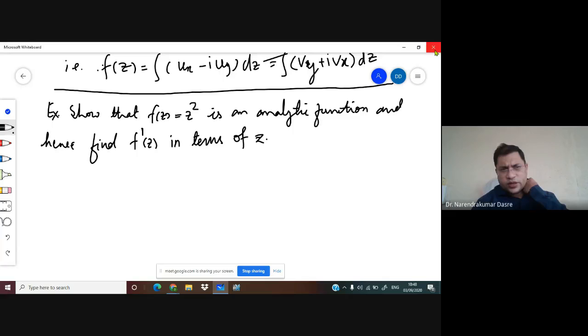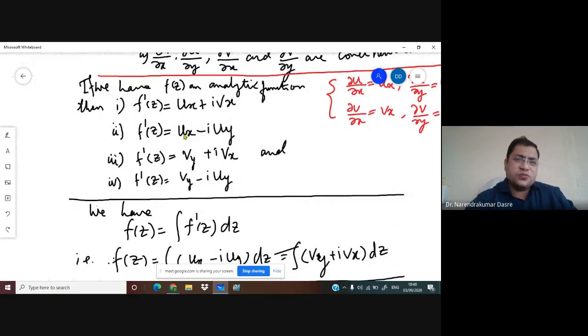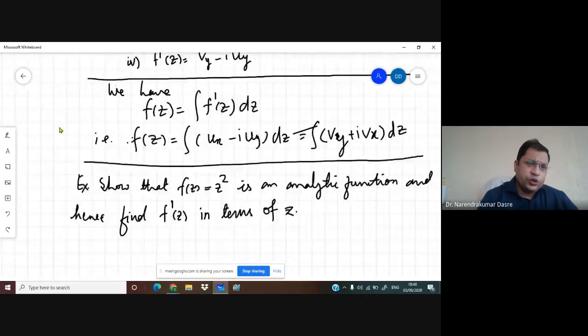So here, what is the question we have? We have a given function f of z is equal to z square, and then we have to find f dash of z in terms of z. We have to be careful. I have given you the formula for how to find f dash of z in the complex plane, so that's what we have to use.